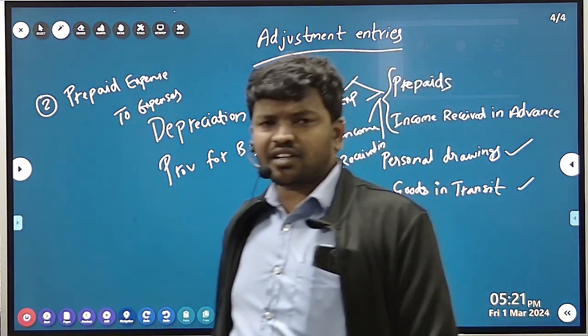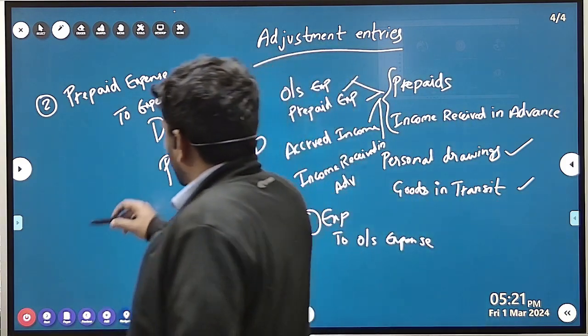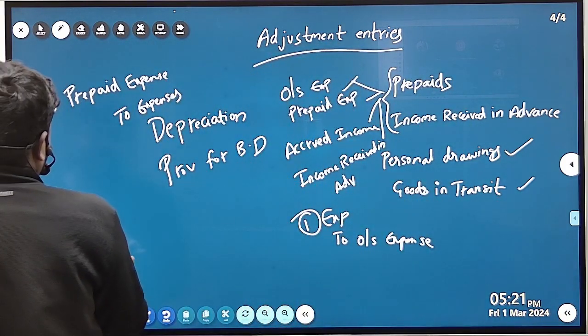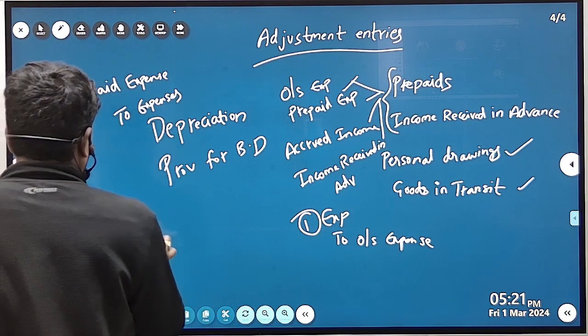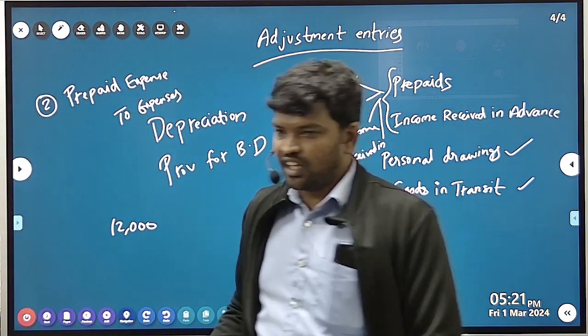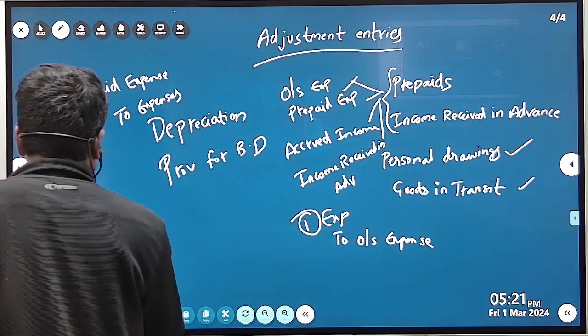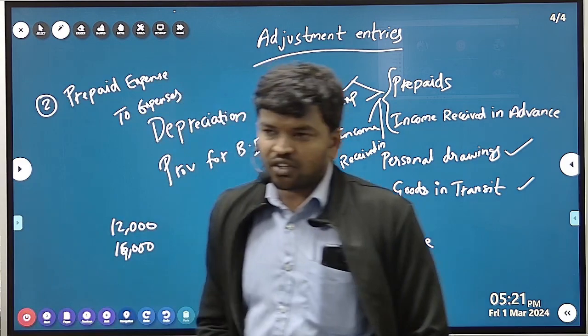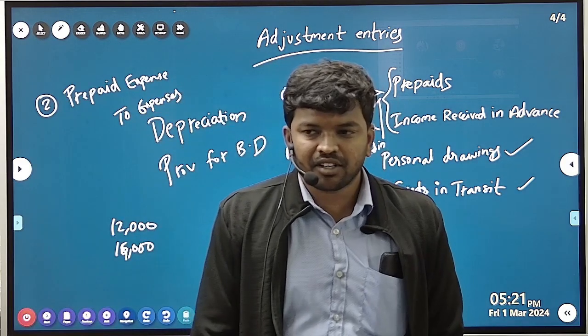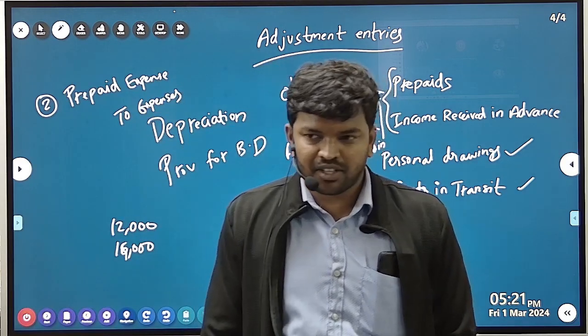Not debit balance, that is one of the logic, but I'll explain. Prepaid expense in the sense, suppose the annual rent is 12,000, 1,000 per month. You have paid 15,000. You have made how many months extra payment? 3 months extra payment. Yes.